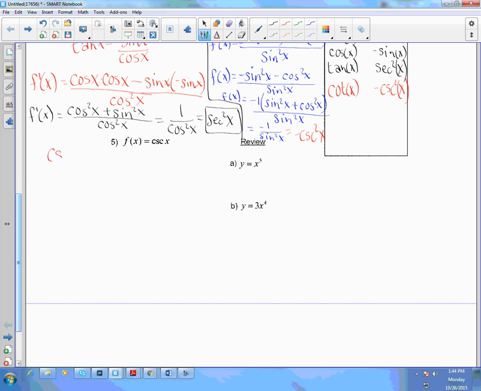So cosecant equals 1 over sine. We're going to do the quotient rule for f prime of x: low d high minus high d low over low low. I want you to try it with the numerator and go through that same process. Low, the denominator, times the derivative of the numerator, minus high d low over low low.